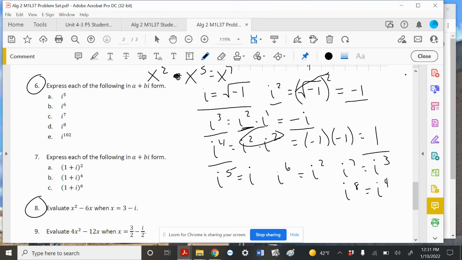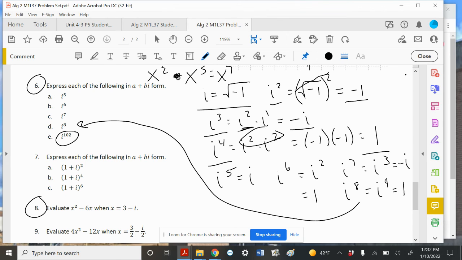Based on that information, I know that i to the 5th equals i, i to the 6th equals negative 1, i to the 7th equals negative i, and i to the 8th equals positive 1. Notice as they go up in 4s, we can keep generating those different numbers. So i to the 8th is one of them, and we already figured that out. That's equal to 1. So i to the 100 is equal to 1.